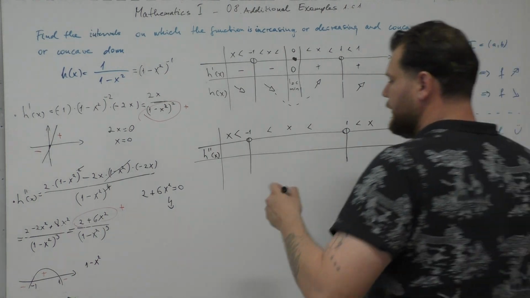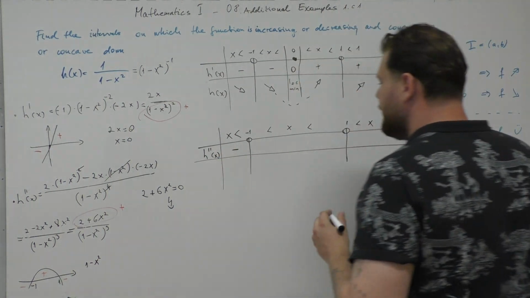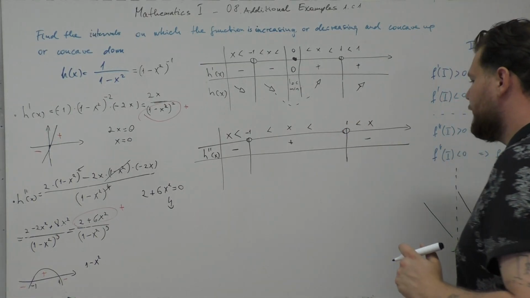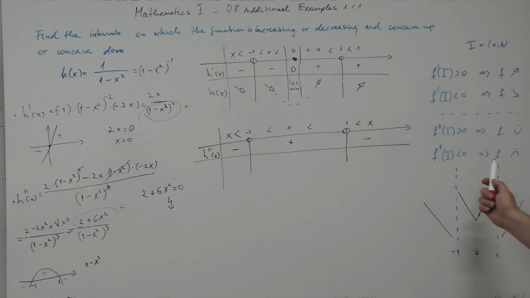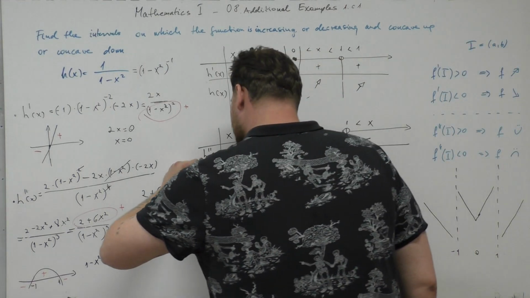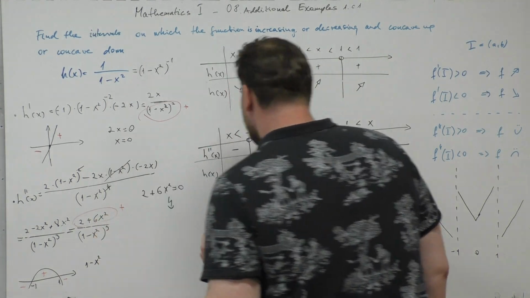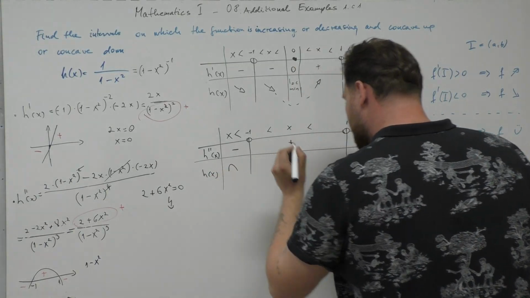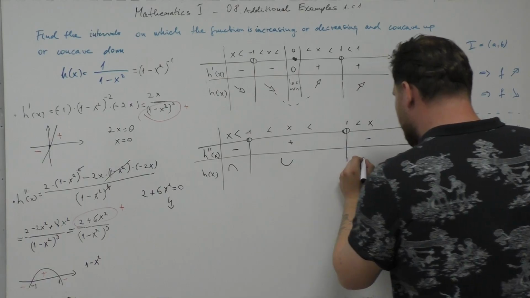Therefore, we have negative here, positive here, and negative here. According to these rules, the original function is concave down here, concave up here, concave down here.